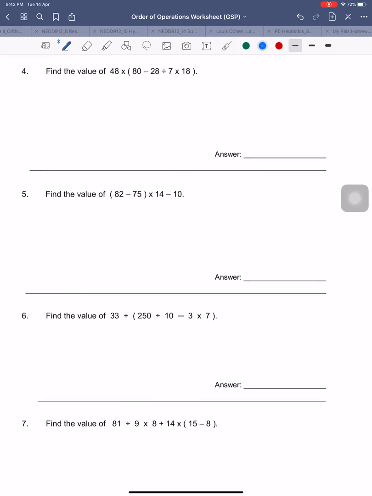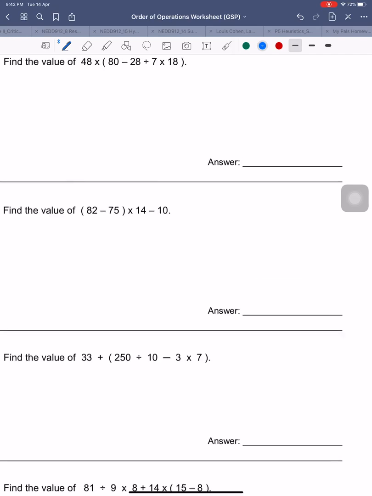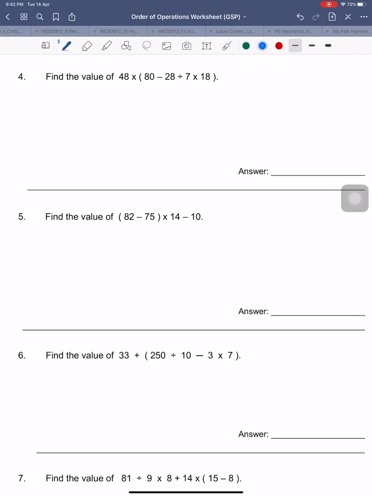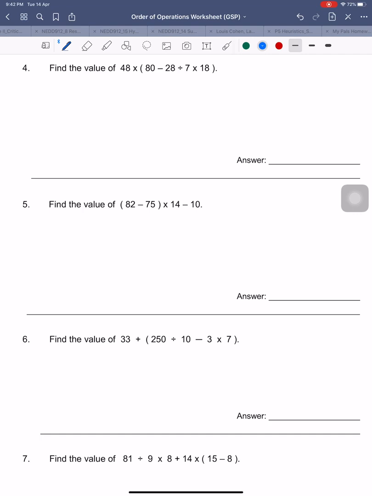I trust that you're able to do a correction. Sometimes you could have forgotten the rules or made careless mistakes when working out the sum. So do pause the video now and try on your own the corrections for the next 4 questions.